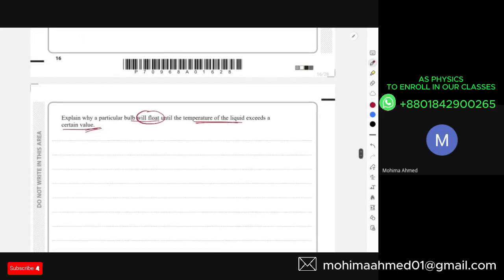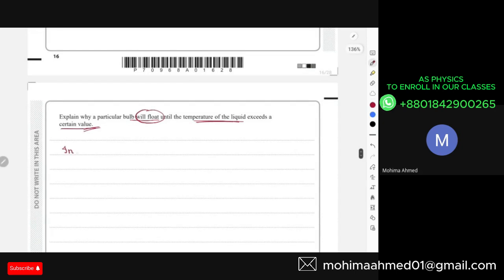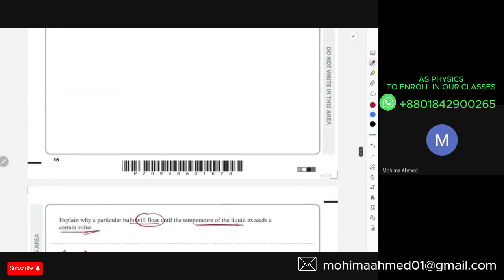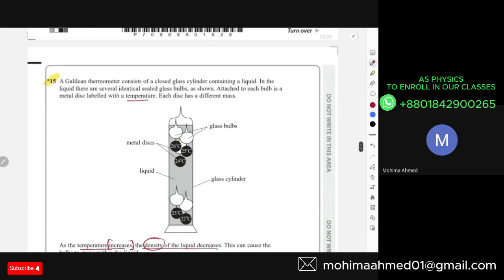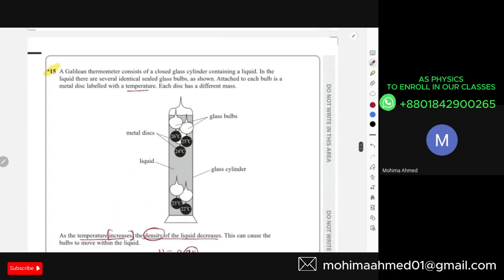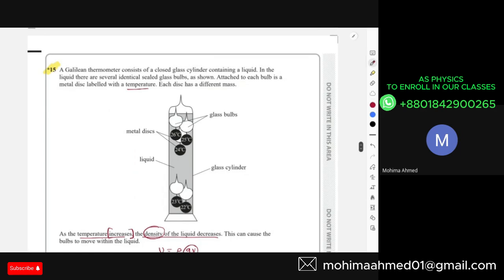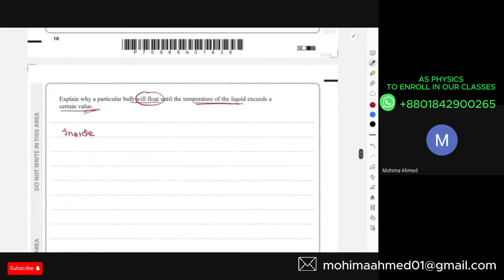So if we start with that, they're not specifically saying if the liquid is water, right? So it's not wise to use the term water.